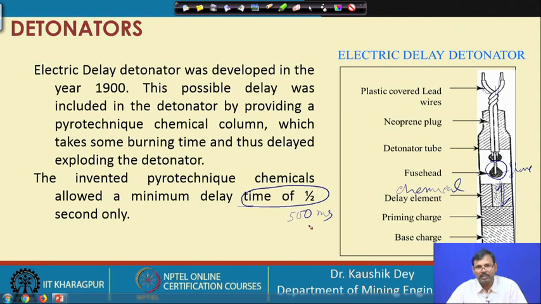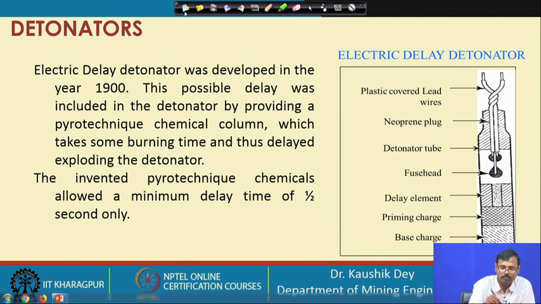So, this was the first delay detonator developed, and it was found significant because at that time the production requirement was less, and that is why that was found sufficient.